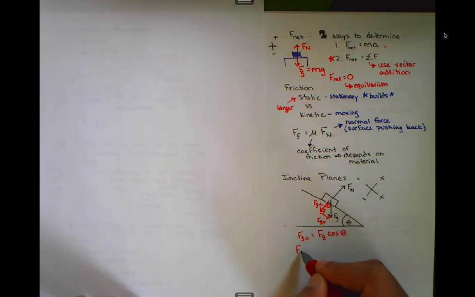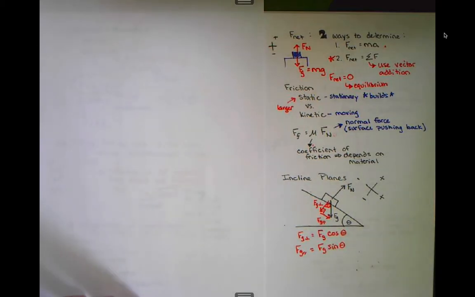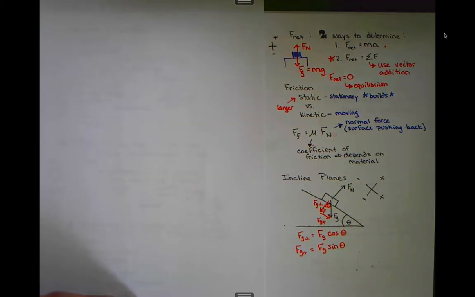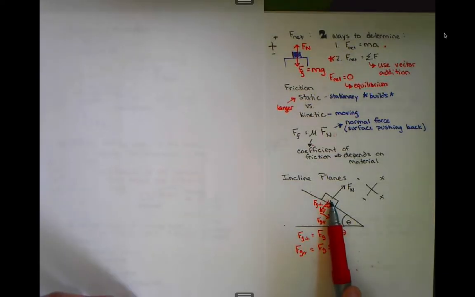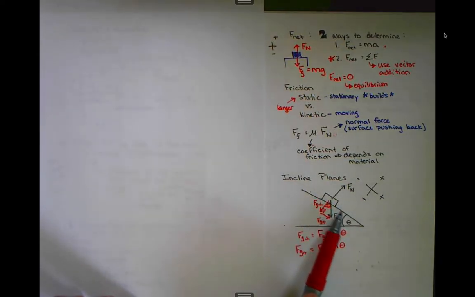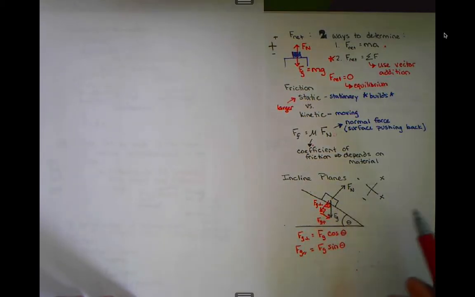And then Fg parallel, that pulls down the incline, is Fg times the sine of theta. Okay. The reason this is really important, if I break the gravity vector into its components, it's like that's gone. So I have Fn and then these two red vectors. And if that box is just going to slide down the incline, Fn has to be equal to Fg perpendicular.